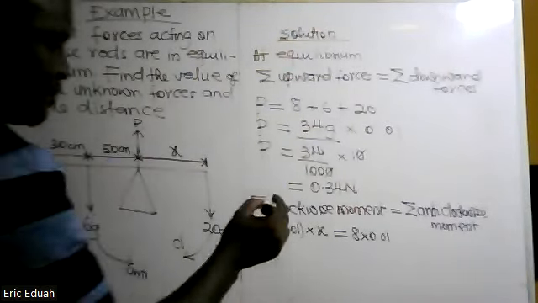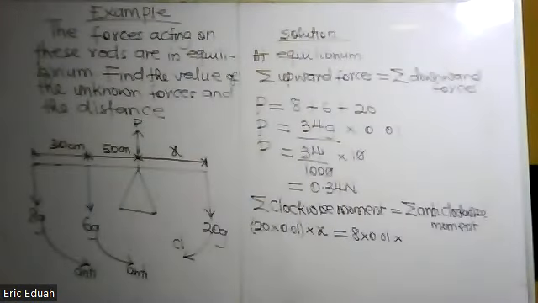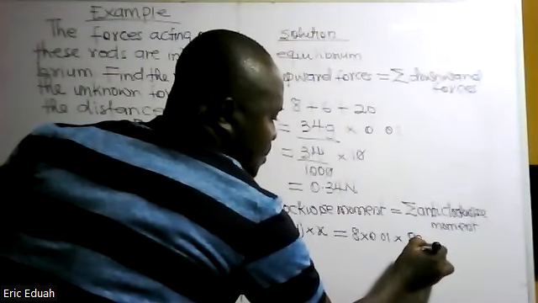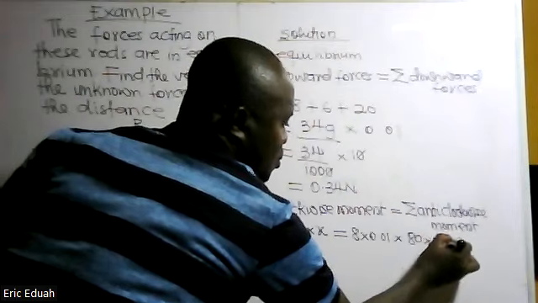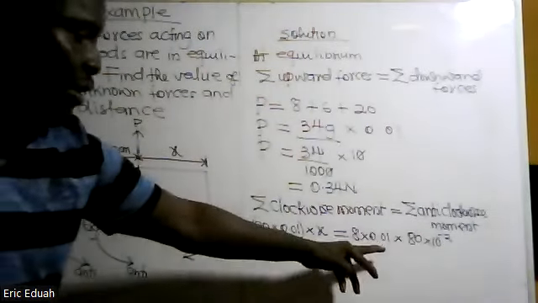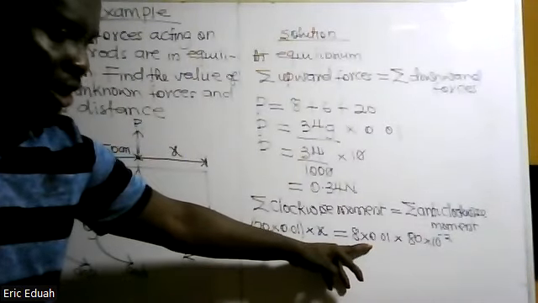So times 80, but we need to change 80 centimeter to meter. So 80 times 10 to the power negative 2. We are converting the mass to weight or force.